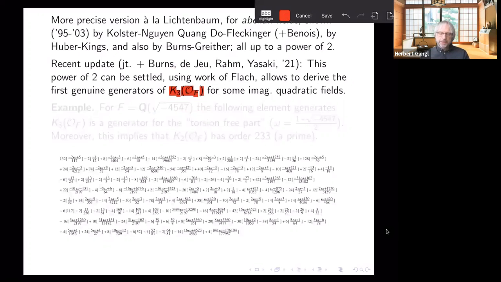Potentially there's something missing for a generator, but now we can actually give a generator, but of course in the setting of this group B2 that we replace K3 by.